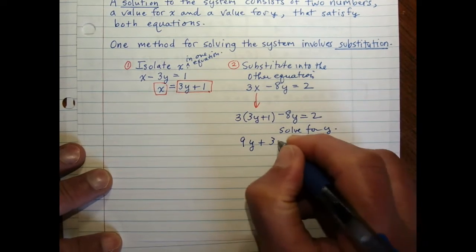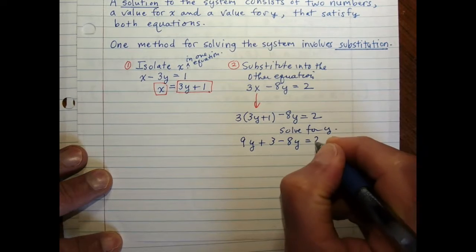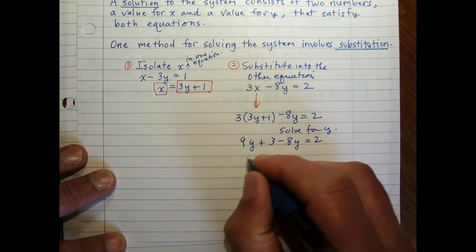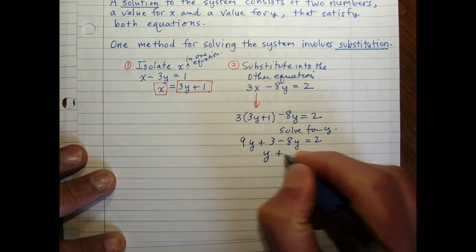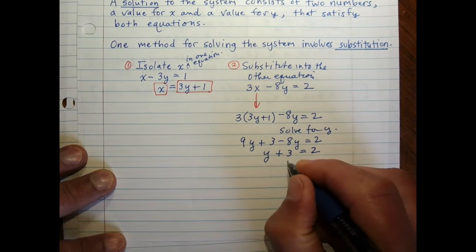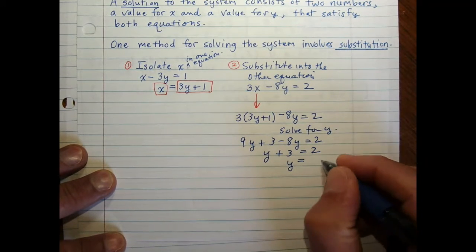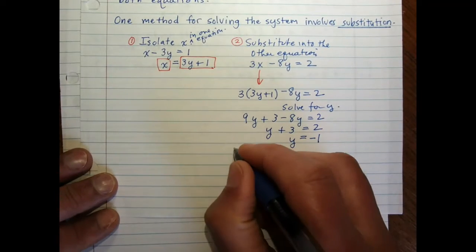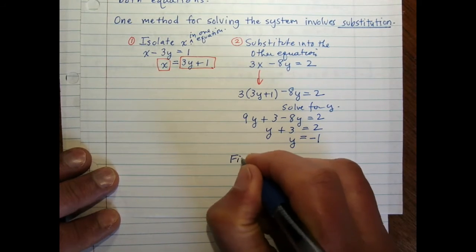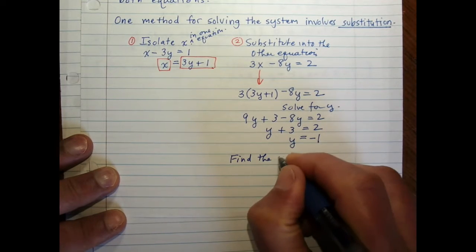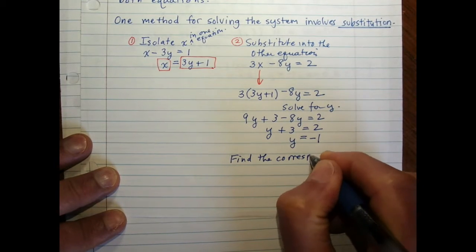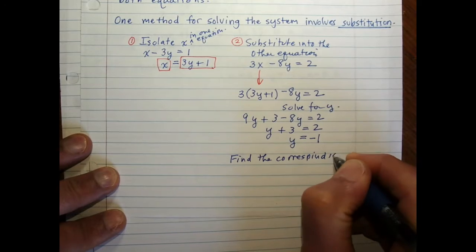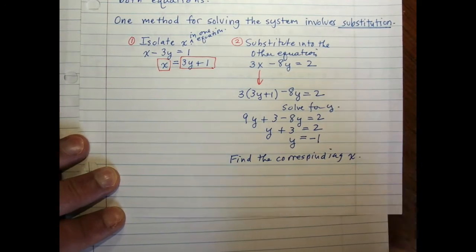9y plus 3 minus 8y equals 2. Combine like terms, 9y minus 8y is y, plus 3 equals 2. Y is going to equal negative 1. And then I have to find the corresponding x value.